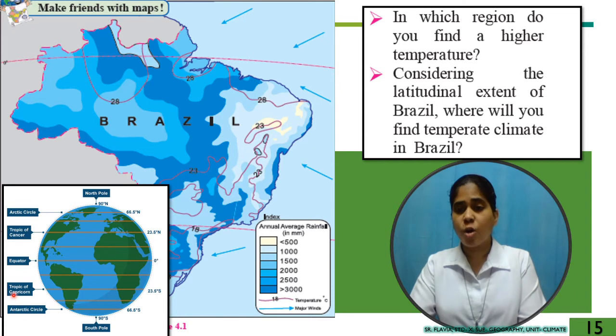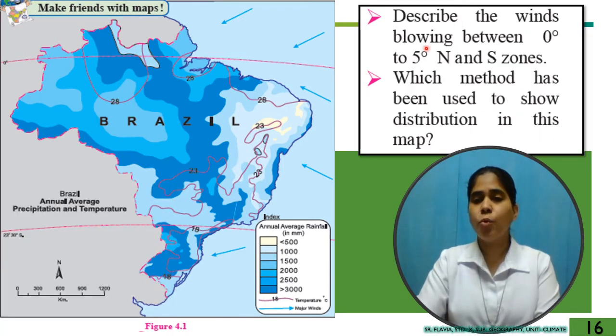This is Tropic of Capricorn, 23.5 degrees south. The climate which you find between these two tropics is known as tropical climate. And the climate which is above the Tropic of Cancer and below the Tropic of Capricorn is known as temperate climate.